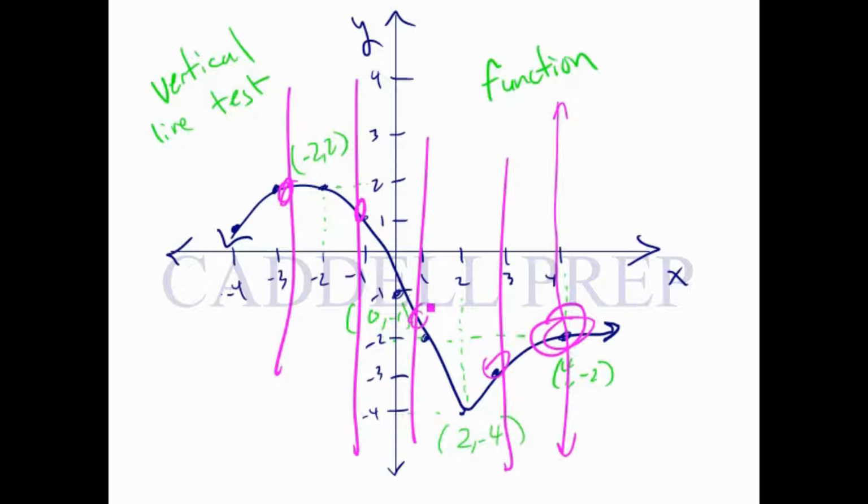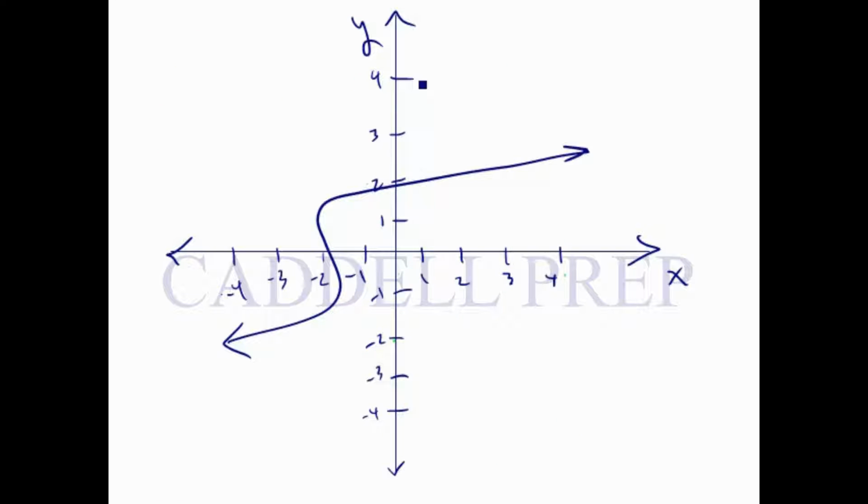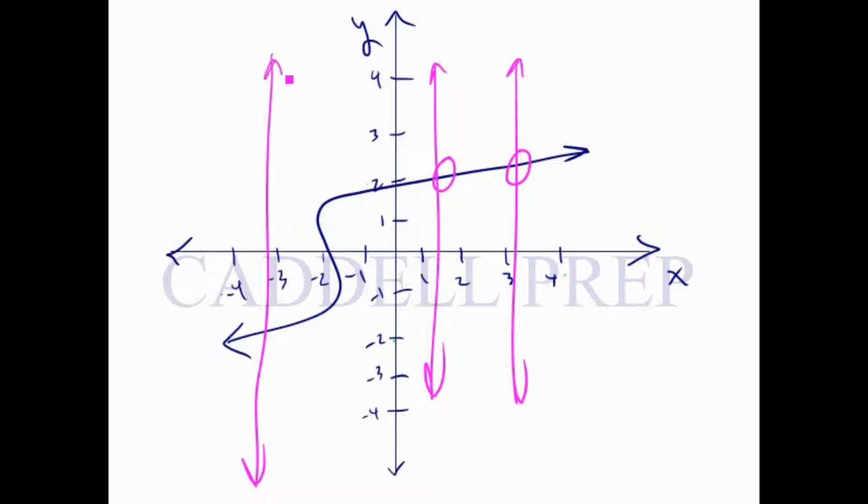So let's look at an example of when this doesn't work, or when the graph is not a function. Let's see if this passes the vertical line test. If we draw a vertical line here, you see that it only intersects in one spot. Same thing here, and here. So it appears like it's a function until we get to this area. If we draw a vertical line here, we see that it actually intersects in 3 locations.